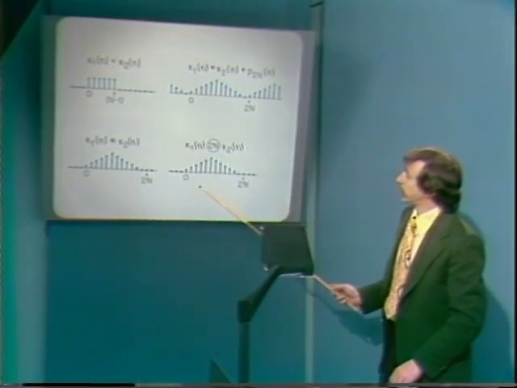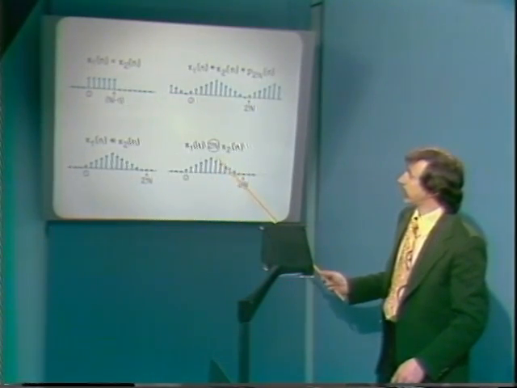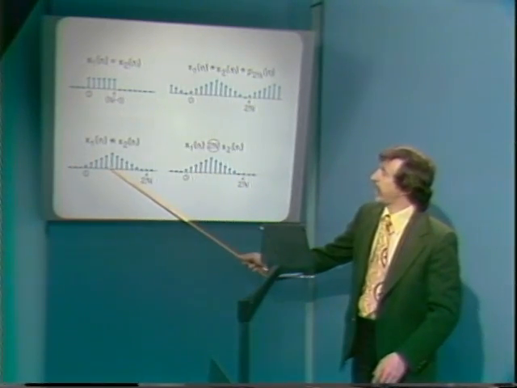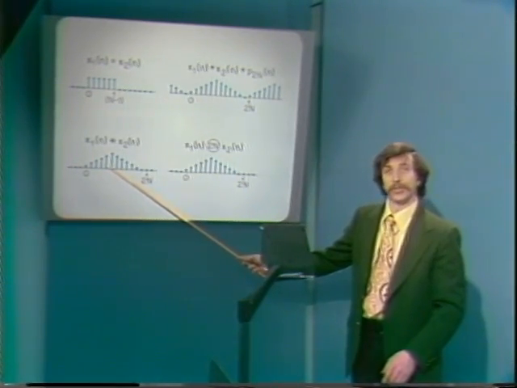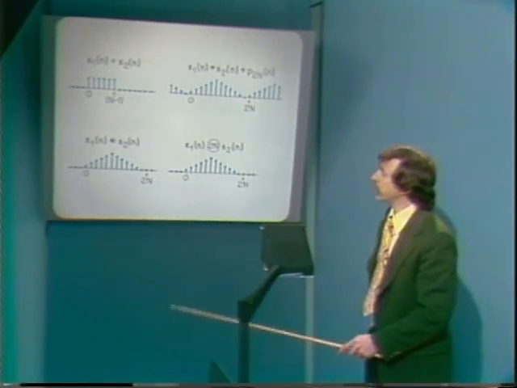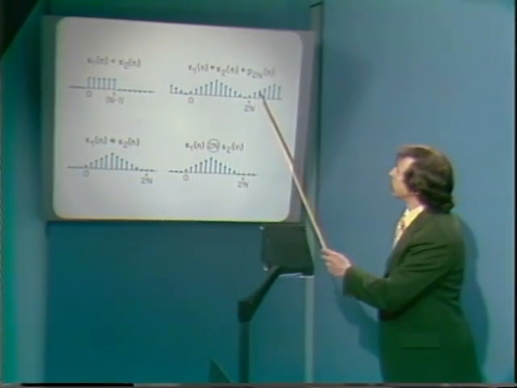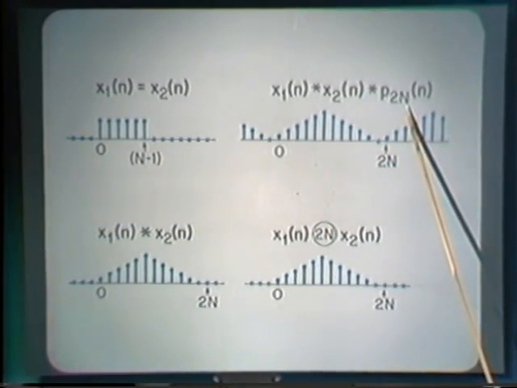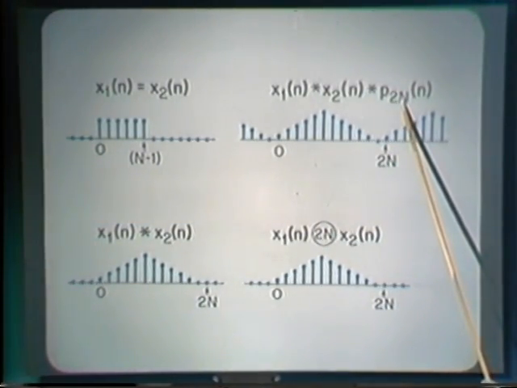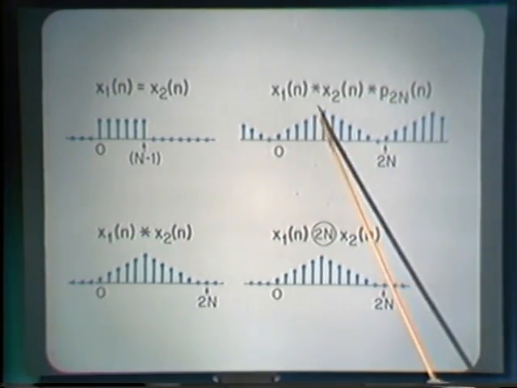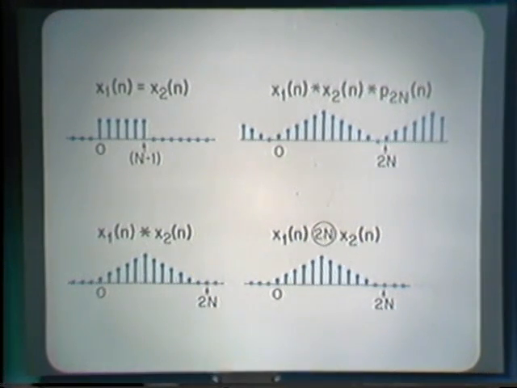It's interesting to note that in this case, the circular convolution in fact came out looking like the linear convolution of x1[n] and x2[n]. The reason for that is that when we did the convolution with this pulse train, we chose the spacing of the pulse train large enough so that there was no interference from successive replicas of this linear convolution.